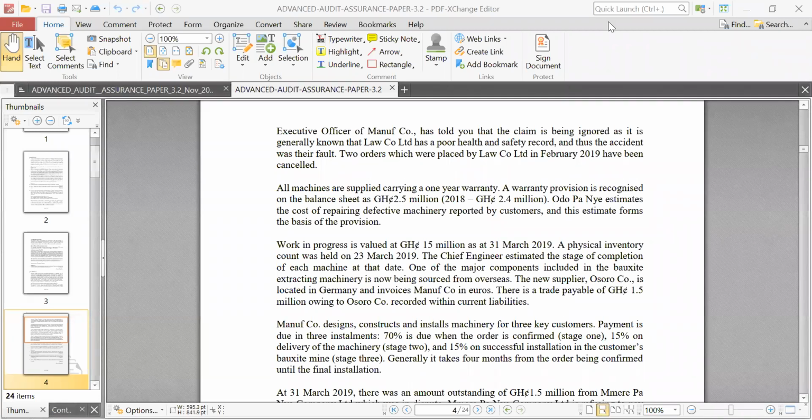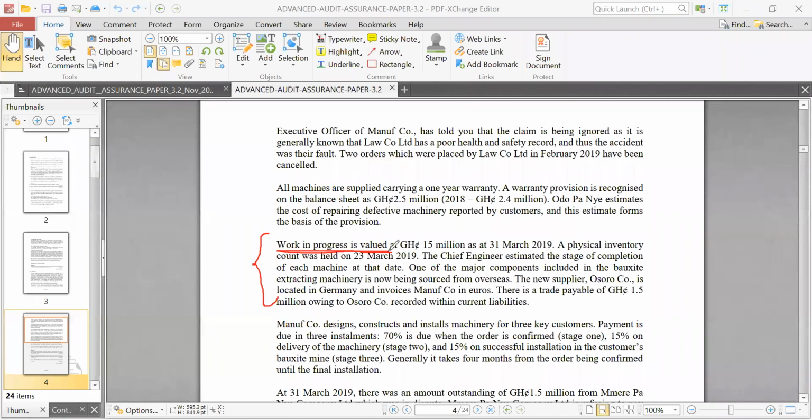Okay, so here as well, it's talking about inventory. This whole thing is talking about inventory. So one of the things I'm thinking about is work in progress.